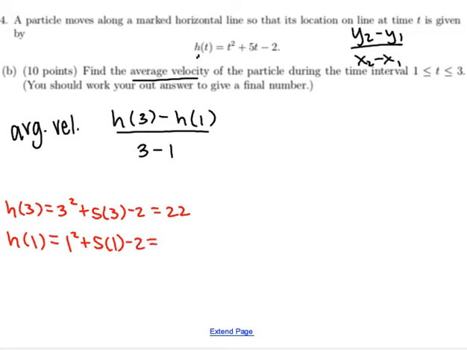So I'd have 1 plus 5 is 6. 6 minus 2 gives me 4. I would then plug that information into here. So I got 22 minus 4 all over 3 minus 1, so 2. So I get 18 over 2, which gives me 9.